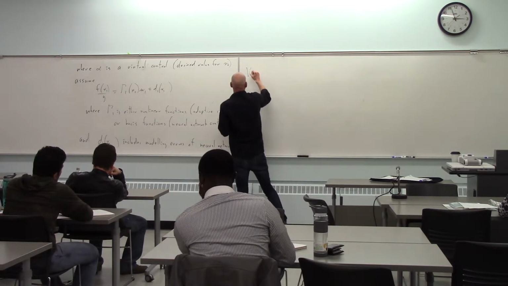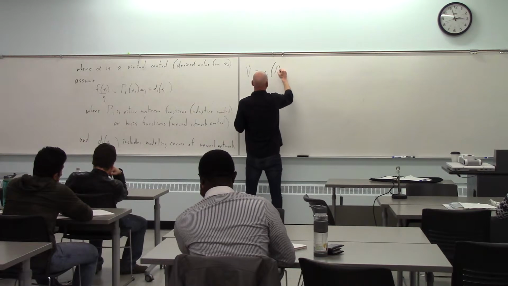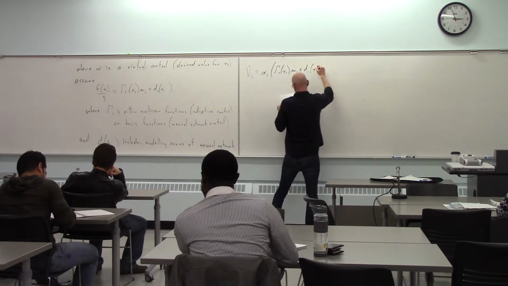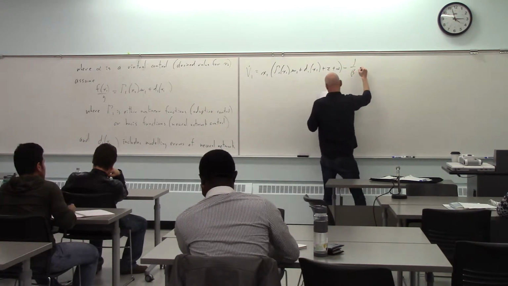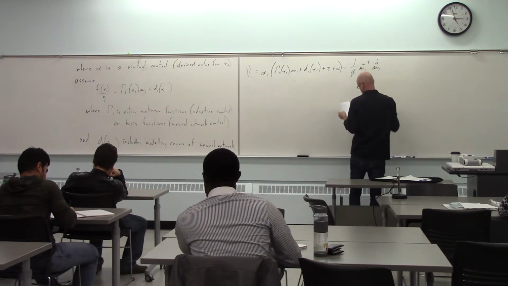So we have V1 dot is equal to x1 gamma 1 of x1 times W1 plus d1 of x1 plus z plus alpha minus 1 over beta W1 tilde transpose W1 hat dot.